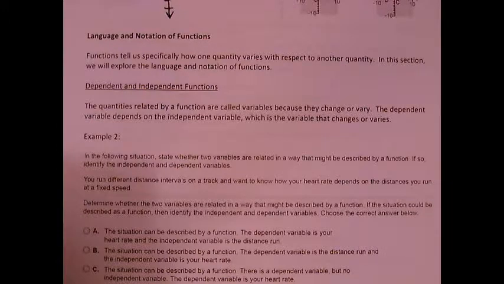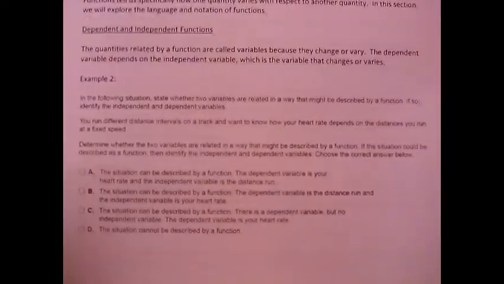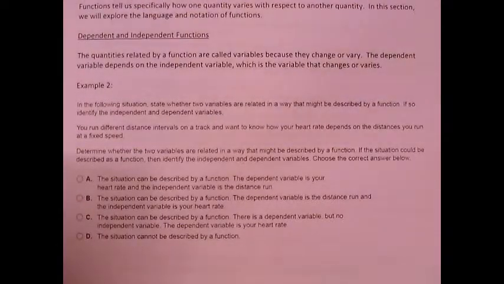Okay, so we're going to talk about dependent and independent functions here. The quantities related by a function are called variables because they change or vary. The dependent variable depends on the independent variable, which is the variable that changes or varies.